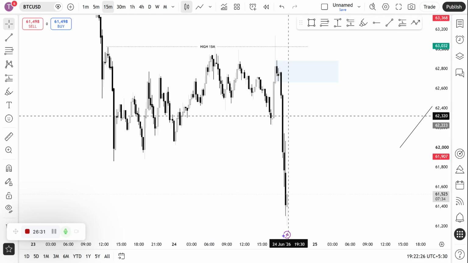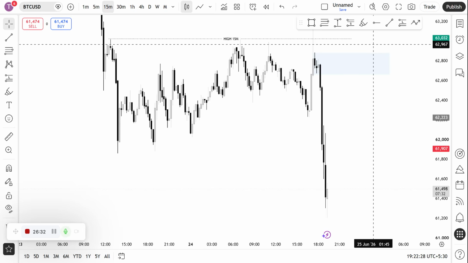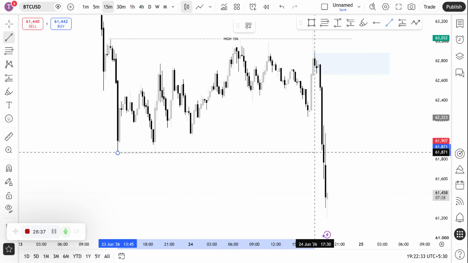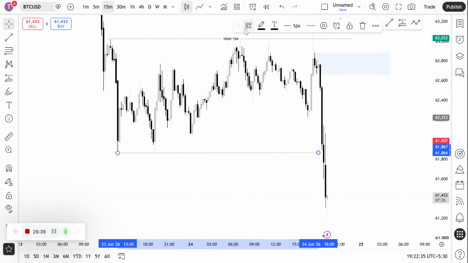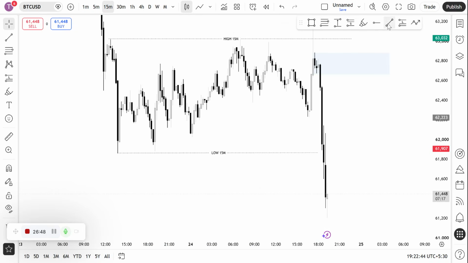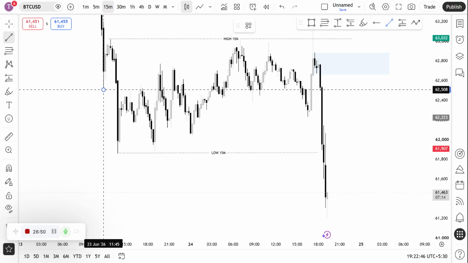This is our low. I want you to take this one as a low. So I'm marking internal market structure, guys. This is our 15-minute low, and this is our break of structure.